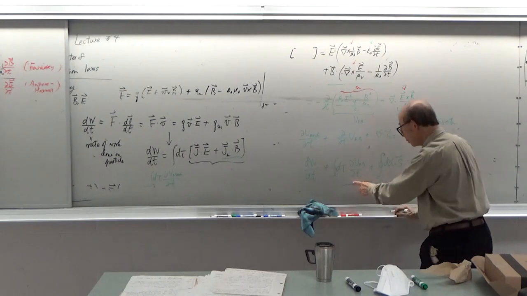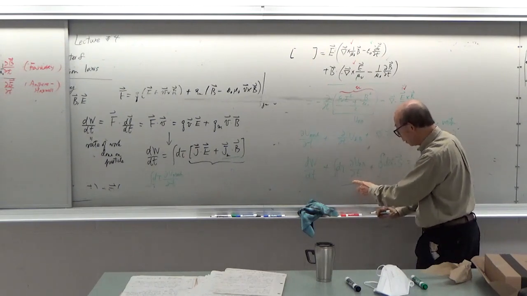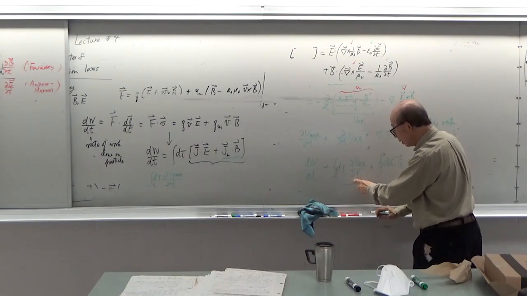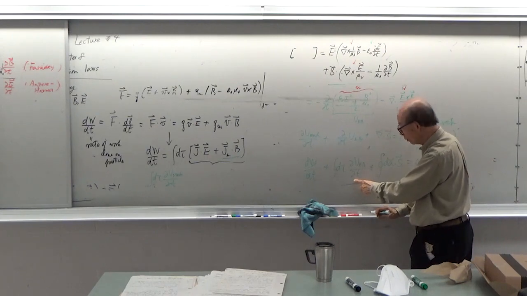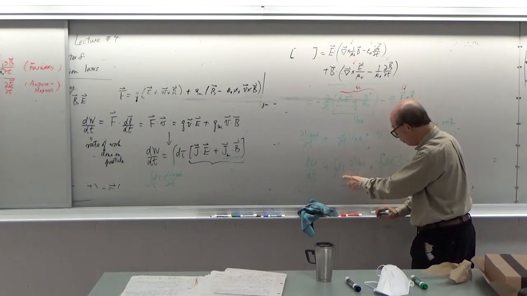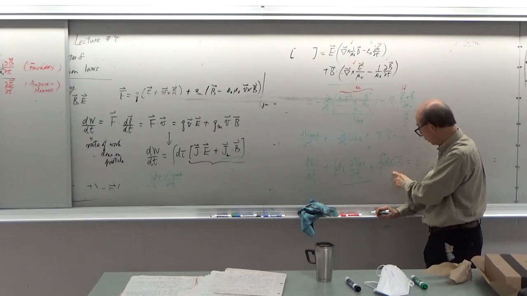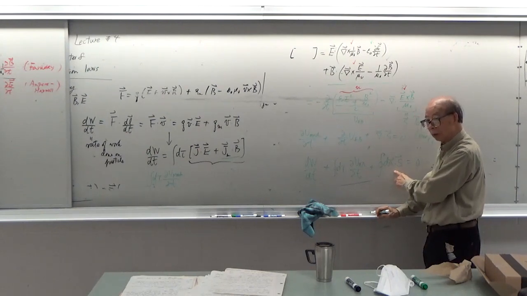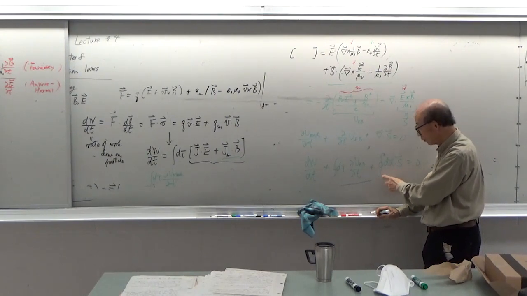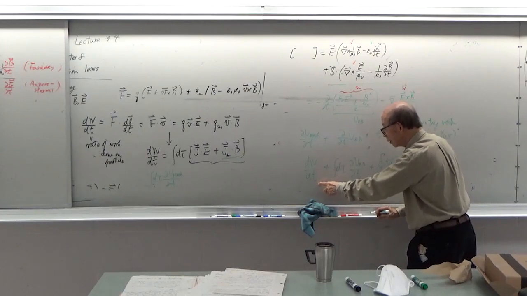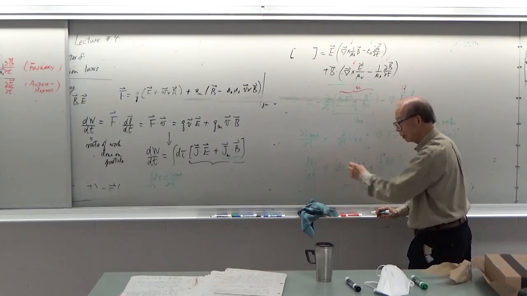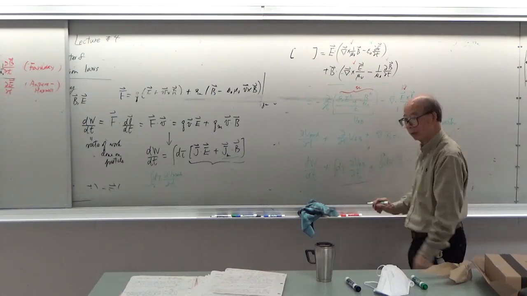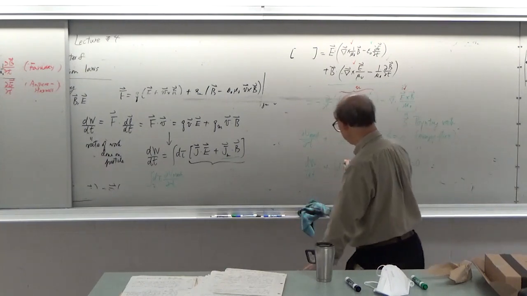So this represents the change in the energy of the electromagnetic field inside the volume, and this represents the rate of energy flow through the surface, and then added to the change in gain of energy for the system, they all add up to 0. So this is a conservation law.